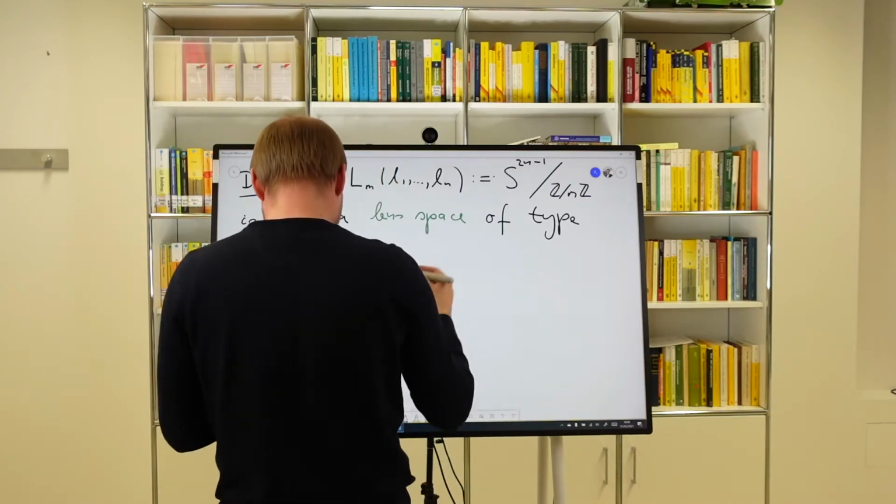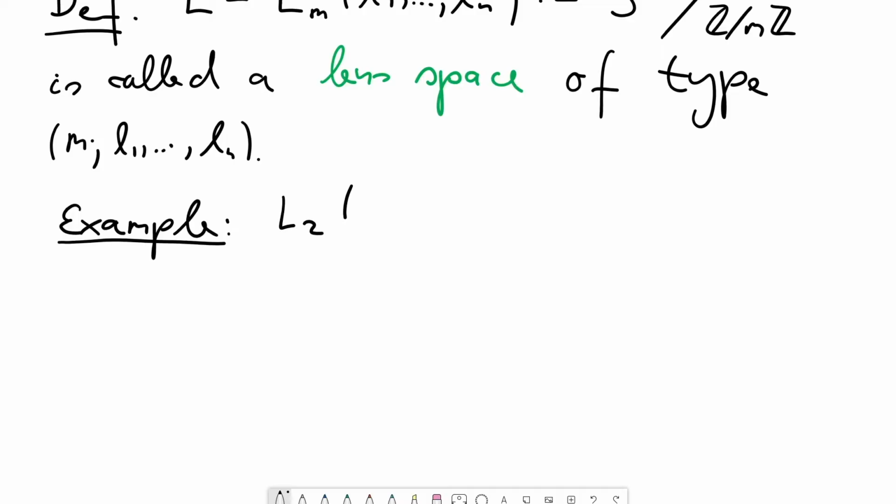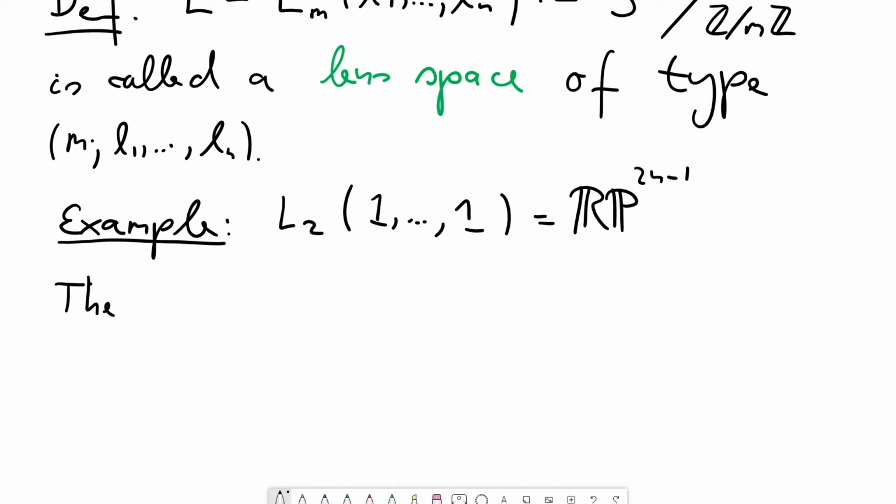And then the corresponding space L2 of, well, let's just write ones here, is the real projective space of dimension 2n-1, because in that case, Z mod 2 just acts by the antipodal action, and therefore we get this quotient space. So in this sense, lens spaces are generalizations of projective spaces.